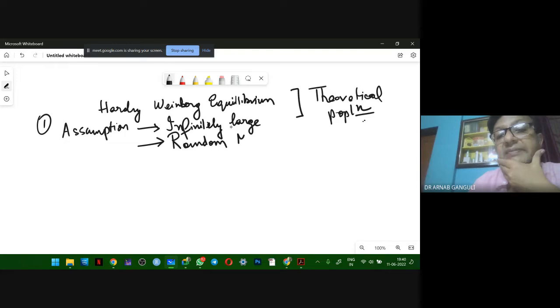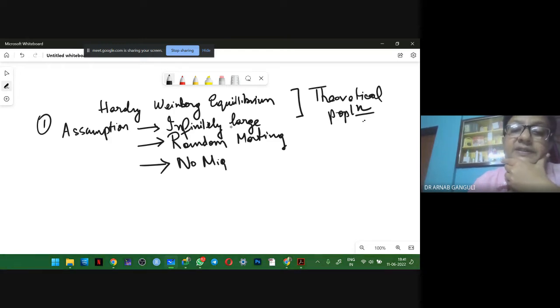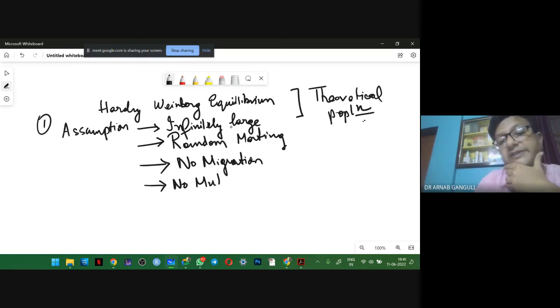There should be random mating. No migration. No mutation.